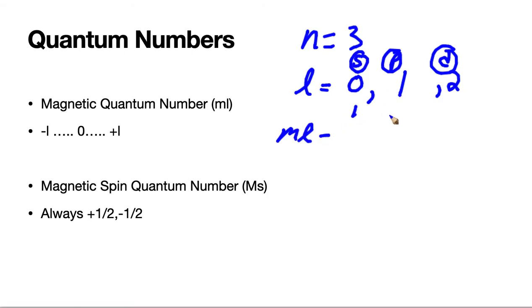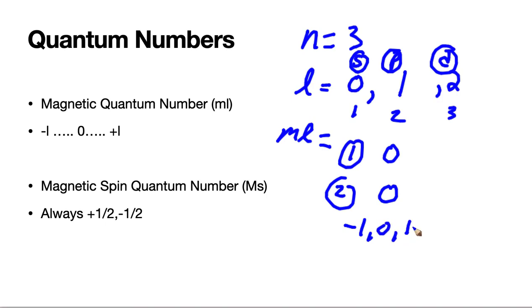Now, ml. Since we have 3 sets of l values, we're going to have 3 sets of ml values. So ml, for the first one, since it's 0, it's just 0. For the second one, since l is 1, negative 1, 0, positive 1. One thing with this, you need to repeat your quantum numbers. And then for the third, we have l equals 2, so we have negative 2, negative 1, 0, positive 1, and positive 2.